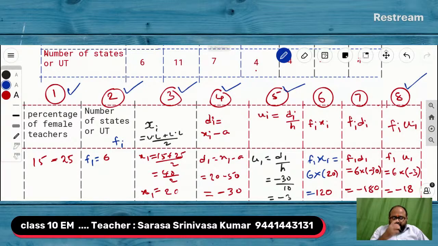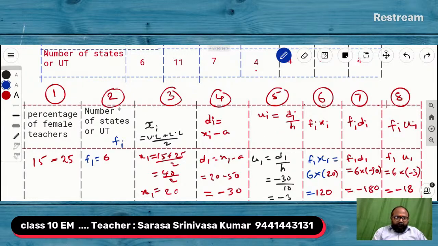So we prepared this table for all three methods, which is why it seems to be a bigger table.